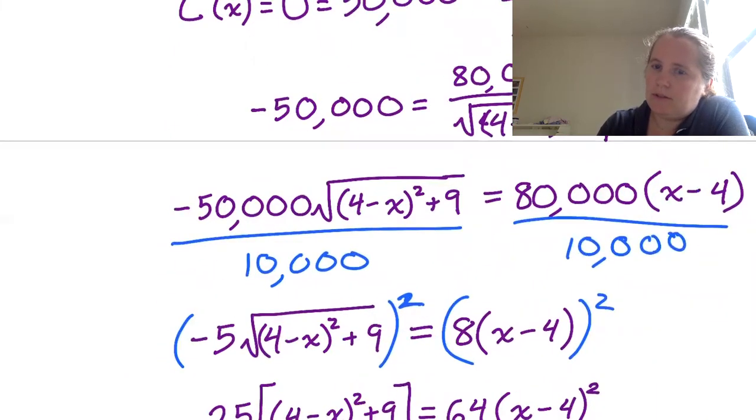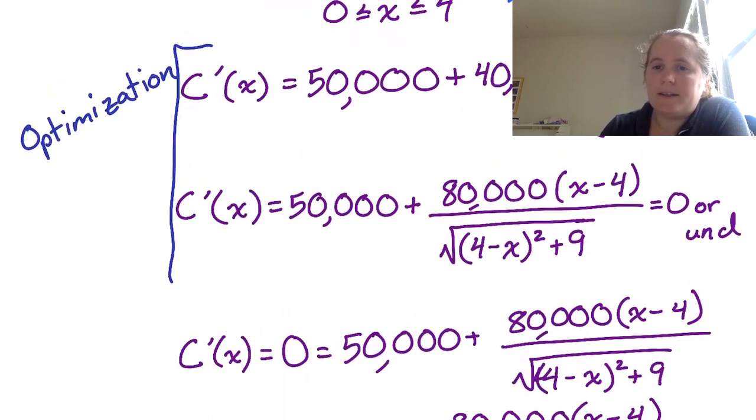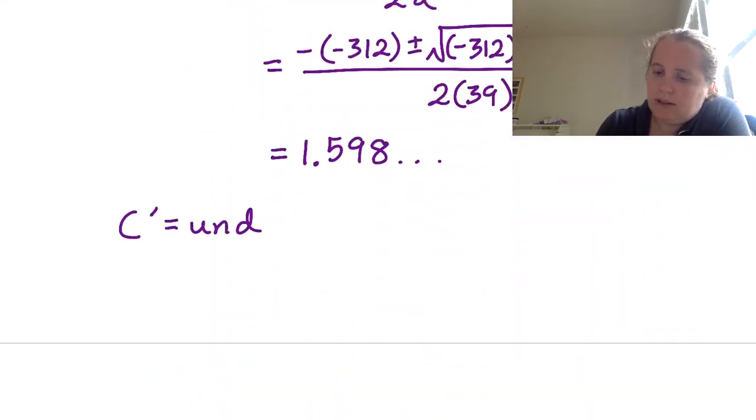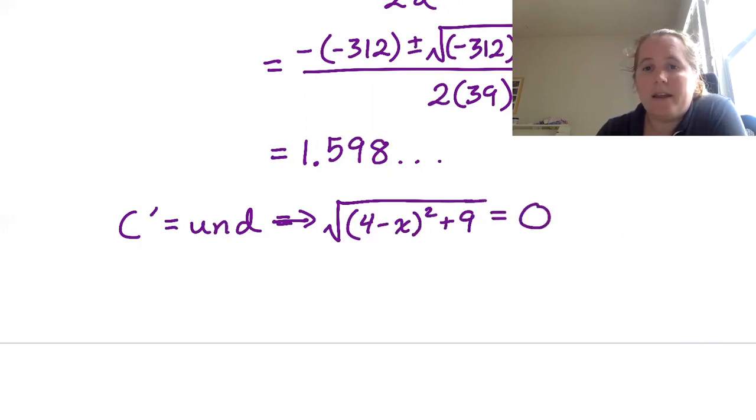So the original derivative was here, right? And so the denominator would have been that square root of 4 minus x squared plus 9. So our derivative is undefined where the square root of 4 minus x squared plus 9 is equal to 0. And this is never going to happen since we have our 4 minus x in there. So this is never.